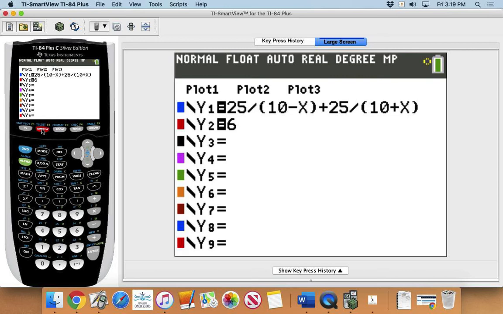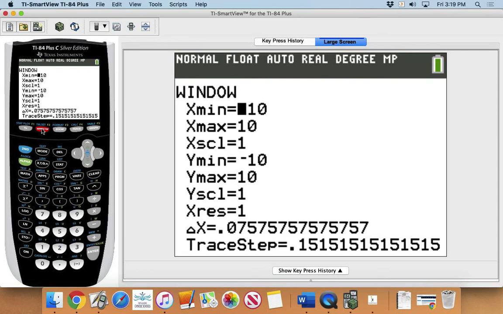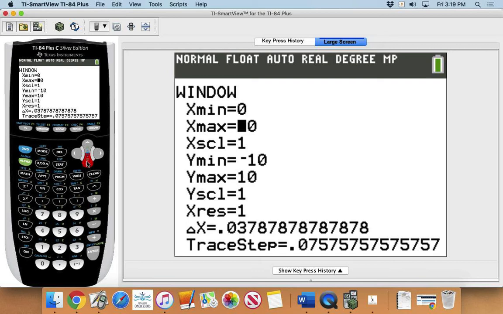So with our window, we're going to have to change our window. We're going to talk about the window: x represents the velocity of the current. You can't have negative speed for a current. So we're going to start from 0 and go to 10 for it to be logical. Y represents the amount of time it takes in total for them to go downstream and upstream.